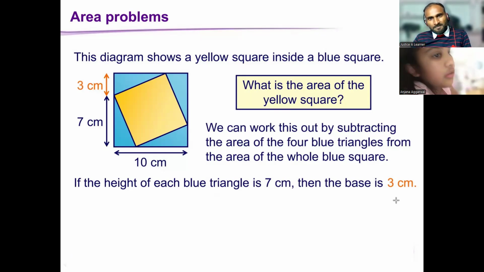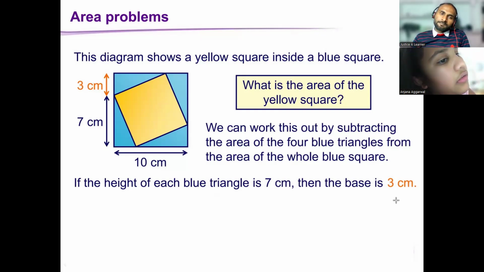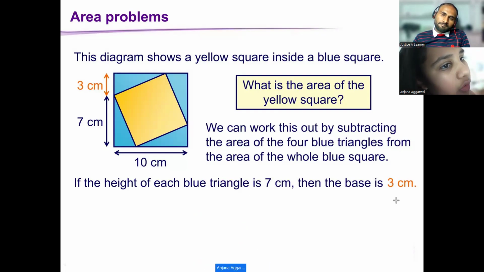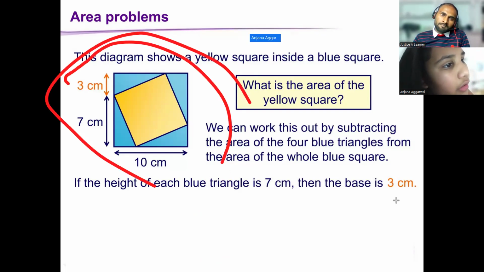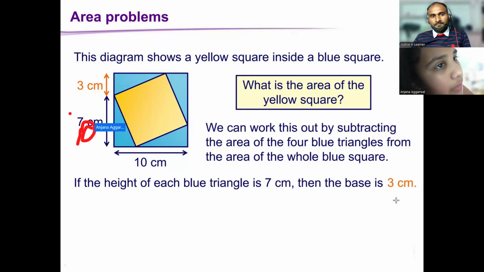Okay. So 21 times 4 is 84. So if we do the whole thing, which would be 10 times 10 is 100.